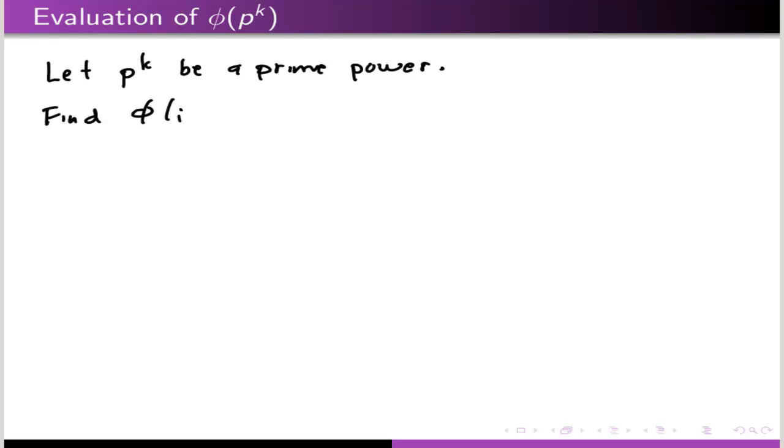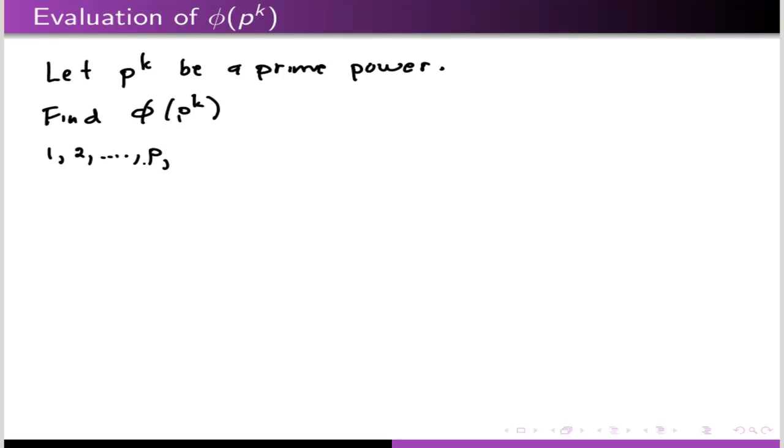All right, let p to the k be any prime power, and I want to determine phi of p to the k. So I just lay down all of the numbers from 1 to p to the k, and I want to cross off numbers that are not relatively prime to p to the k.